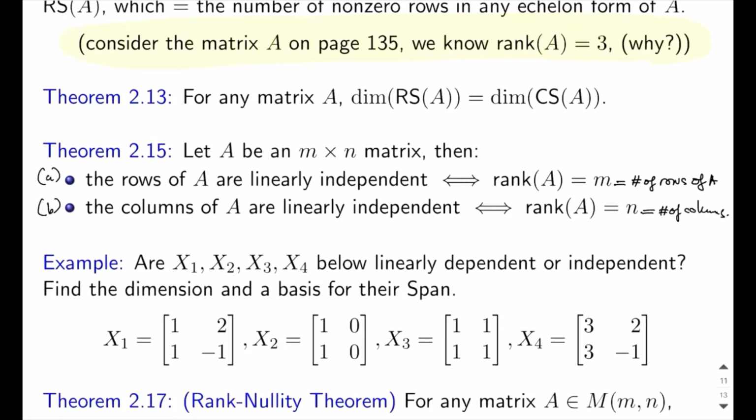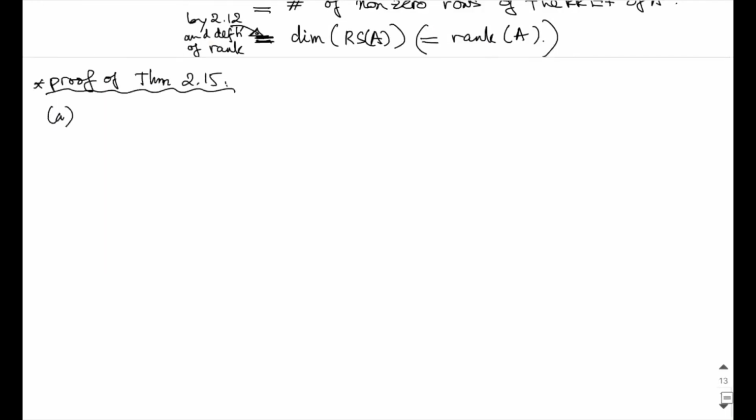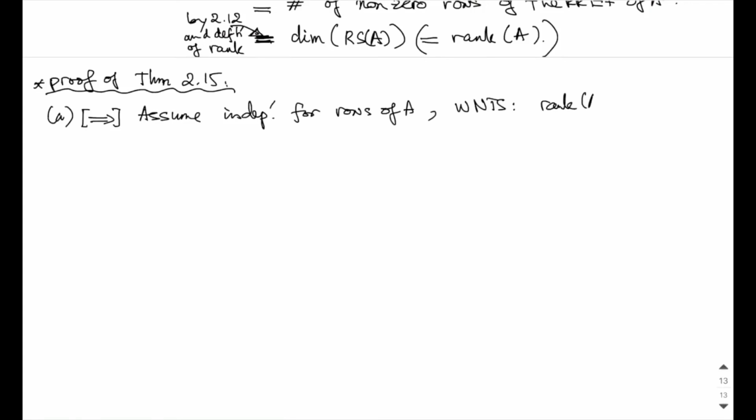Part B can be proved similarly to part A, and part A is very easy, so I'm going to give you the proof here. First, we are going to prove left to right. So we assume independence for the rows of A. We need to show the rank of A is m, the number of rows.